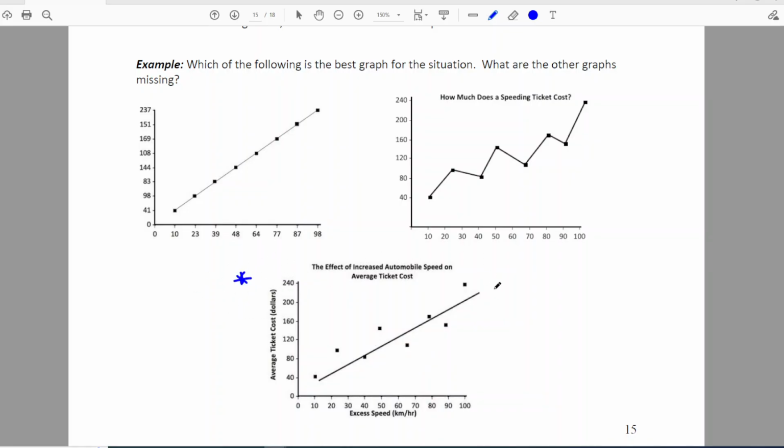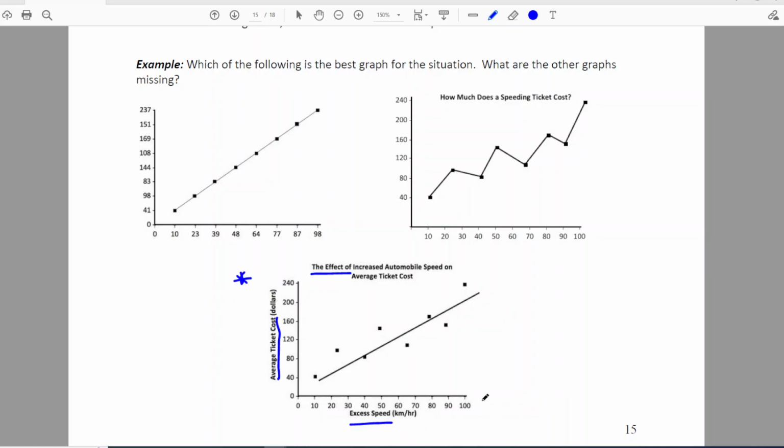This shows what we're graphing. It's the effect of, and I love starting graph titles with this, the effect of increased automobile speed on the average ticket cost. So it's showing that the average ticket cost depends on your speed. The title's great. Our axes are labeled with units.